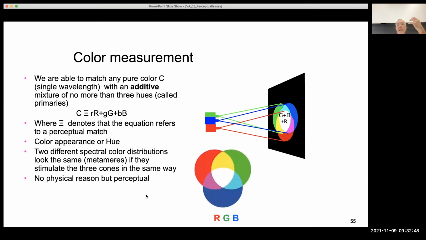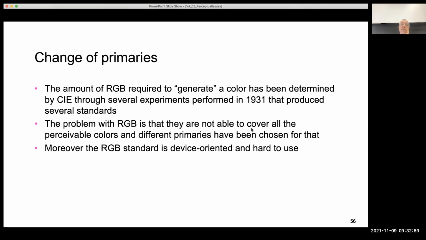You perceive red, green, yellow by a combination of 3 colors or just by a pure wavelength. And they have this information, and you can use that in your application. You know that to produce a color you have to have 20 of red, 50 of green, 20 of blue, or something like that.